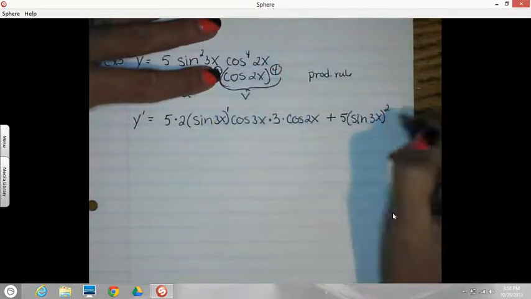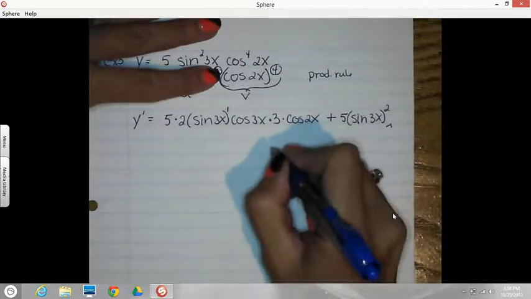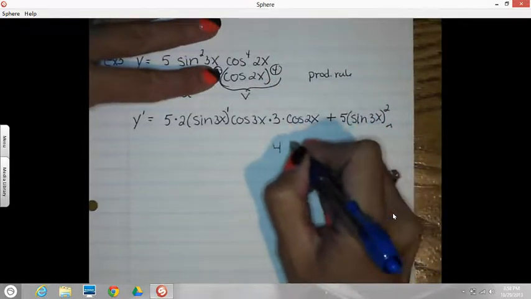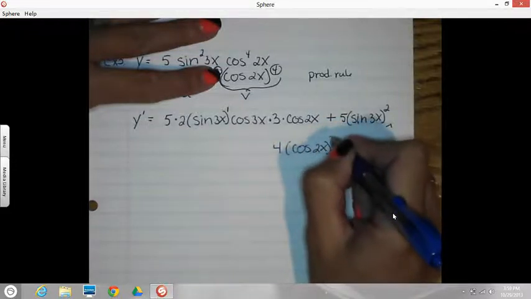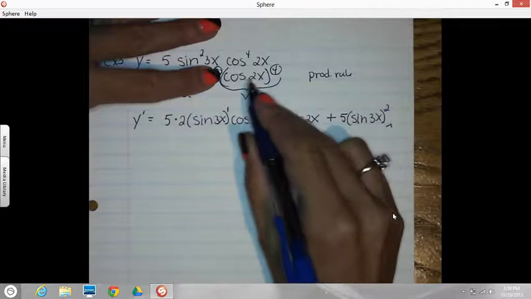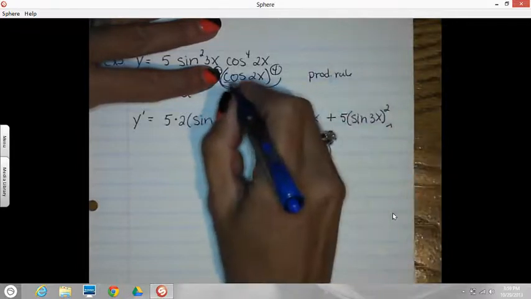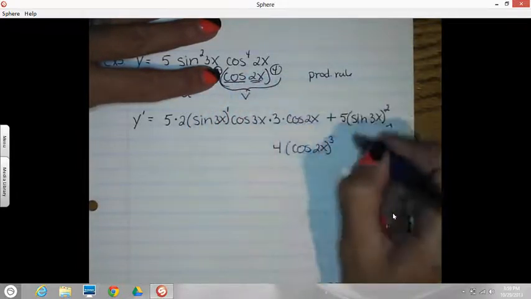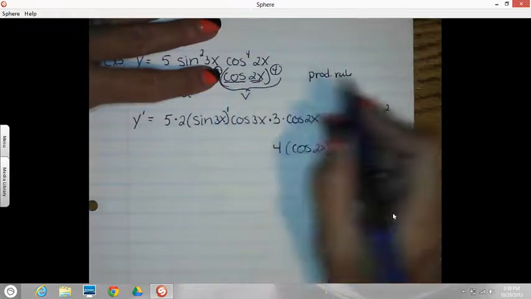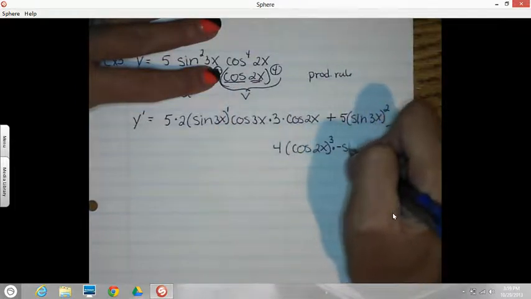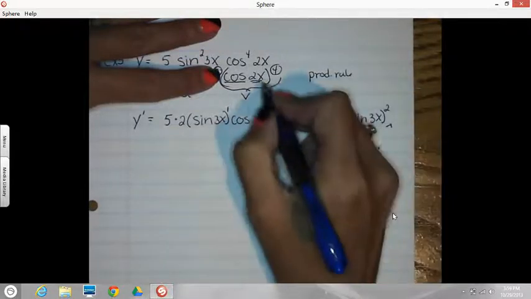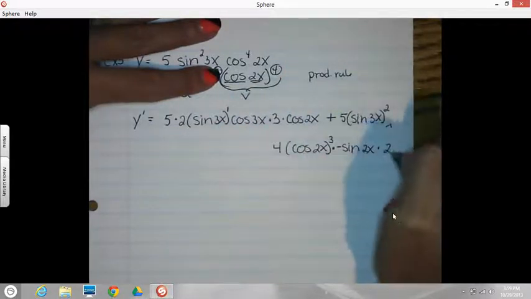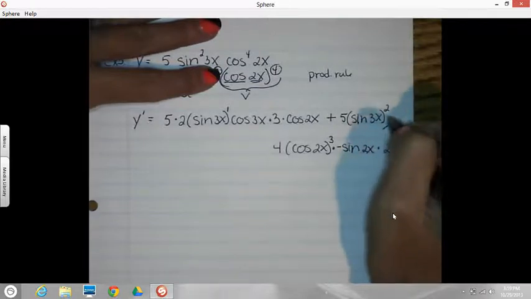The 4 comes down, 4 times the cosine of 2x cubed. So we must power it now the inside. Trig function with an angle. Derivative of cosine is a negative sine, times the derivative of the angle, which is 2. So all of that is attached on down there.